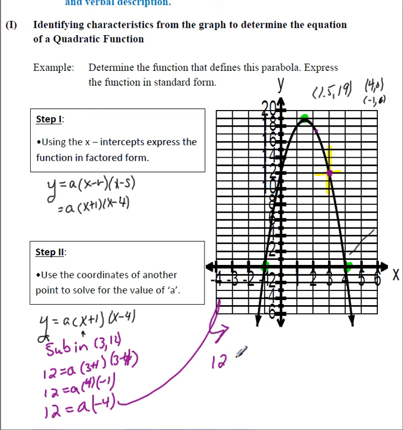Now we're going to solve for a, so that means we divide both sides by -4. So a would equal 12 divided by -4, or a would equal -3.